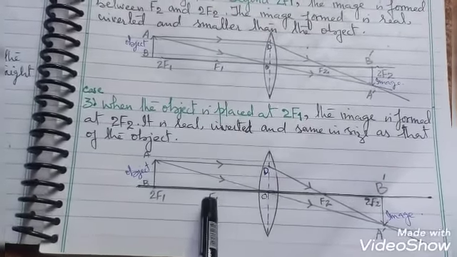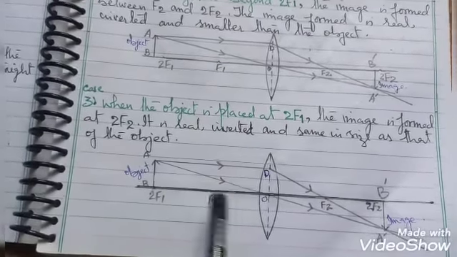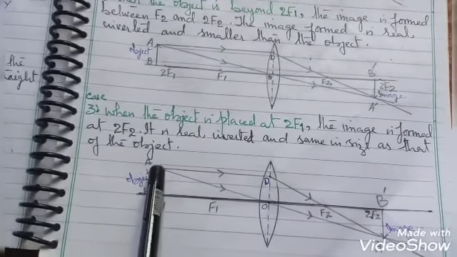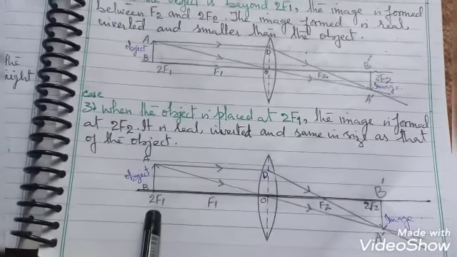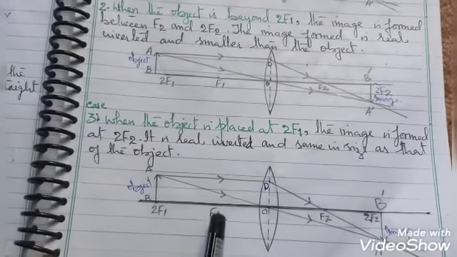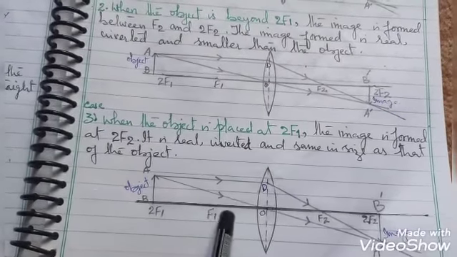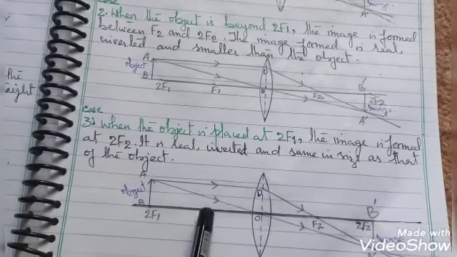From this optical center to this focus, this distance is called the focal length of the lens. This is the object AB. It is placed at 2f1. That means it is placed at a distance equal to twice the focal length of the lens.